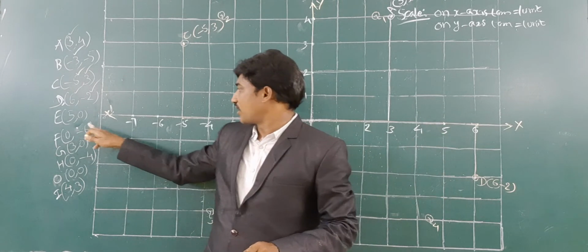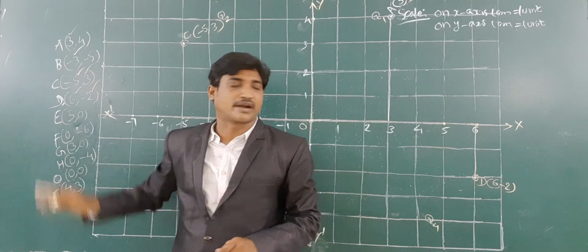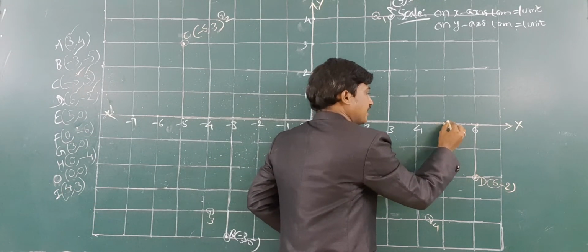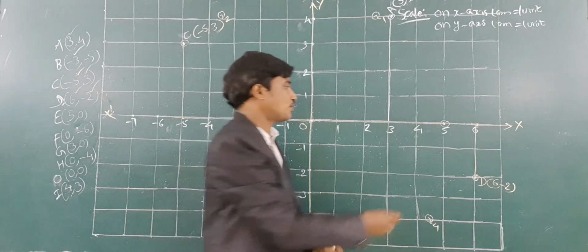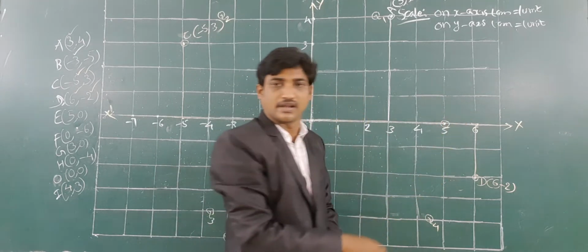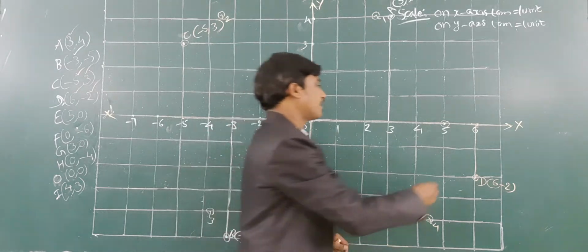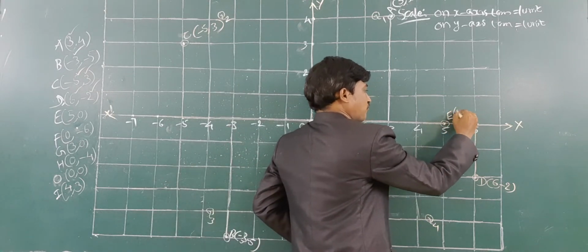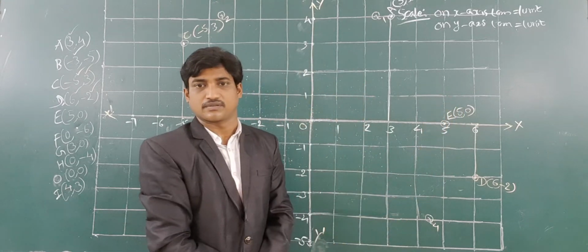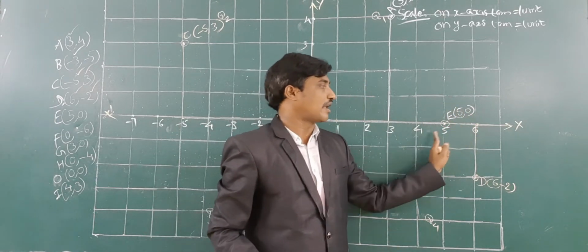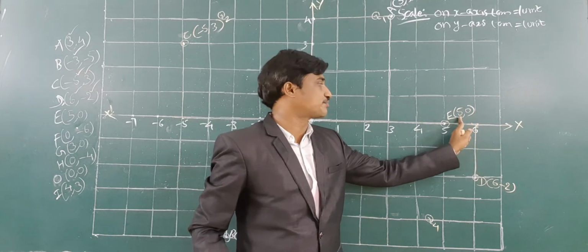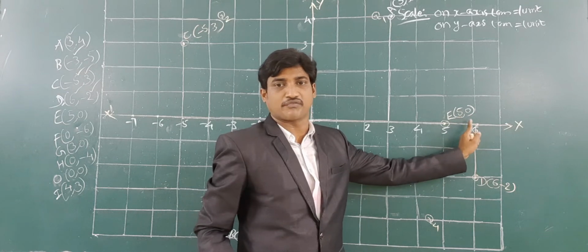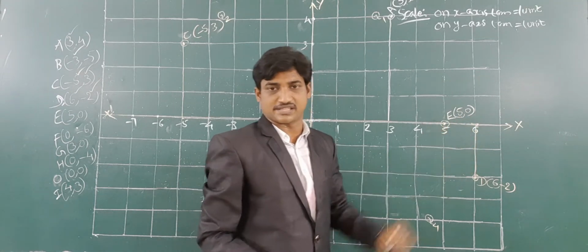But here the y coordinate is 0, neither positive nor negative, so we need not move from that point. So this point at 5 represents the ordered pair (5, 0), E (5, 0). The point (5, 0) lies on the positive x-axis, as 5 is positive.